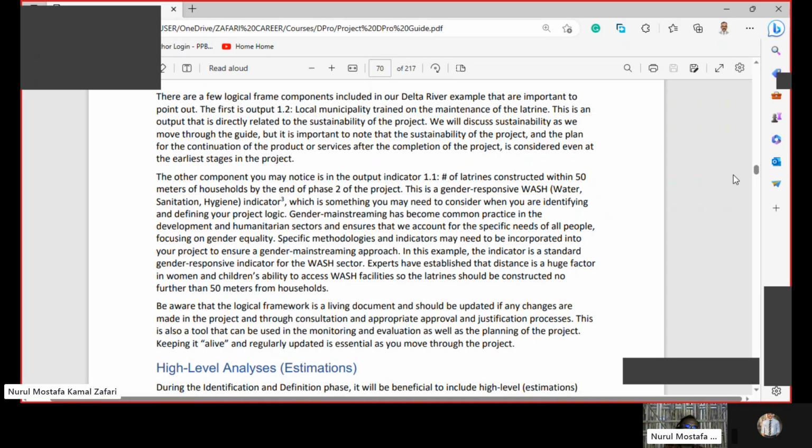Keeping it alive and regularly updated is essential as we move through the project. So one important note for the PMD Pro exam is that the logical framework, the project logic, is a living document. We can change it by following an organizational approach and process.